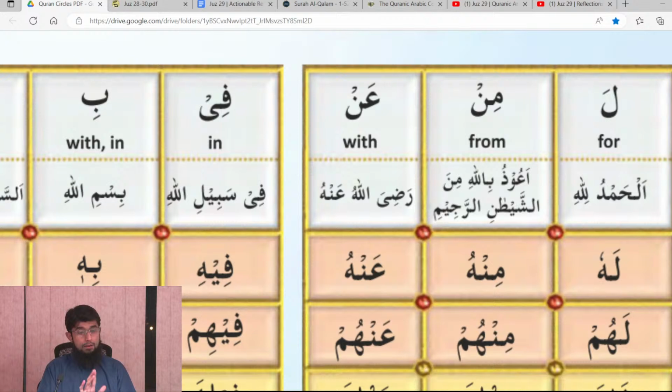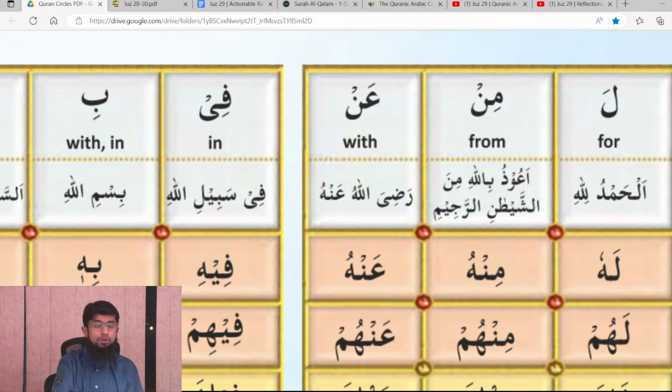First of all, what is the harf jar here? What's the harf jar? An. Right? So it's not radiya, it's an. An is the harf jar. Everybody understands that? An means with. Who is this an acting on? The person, right? Him.